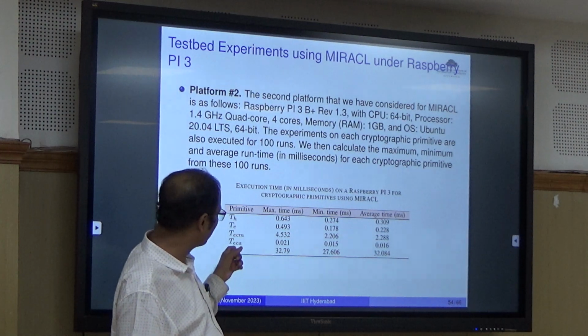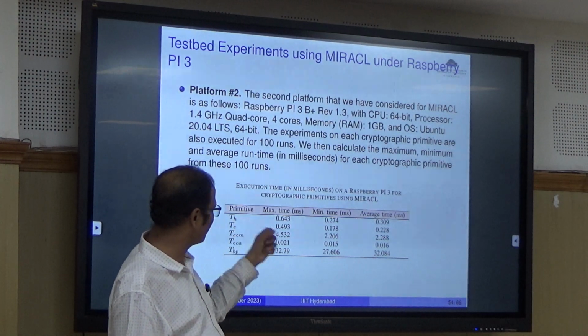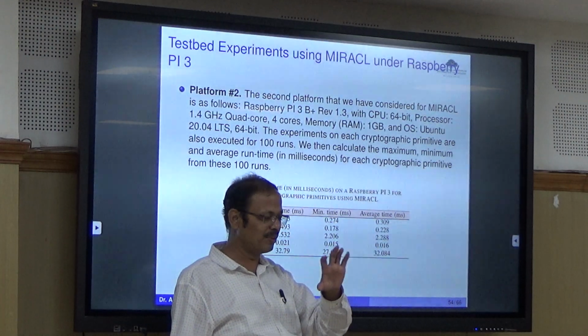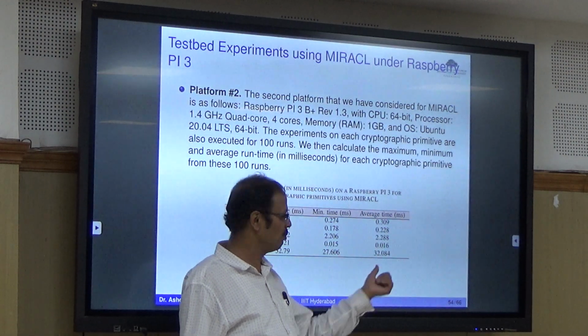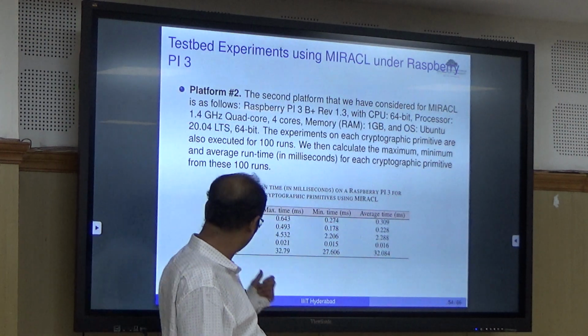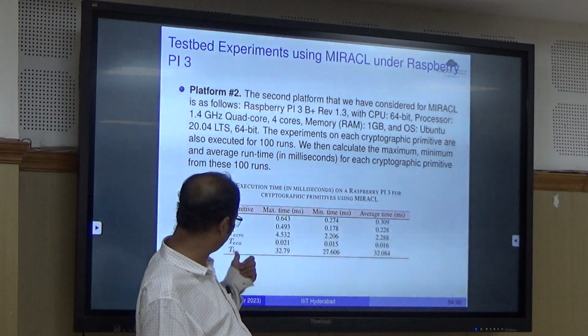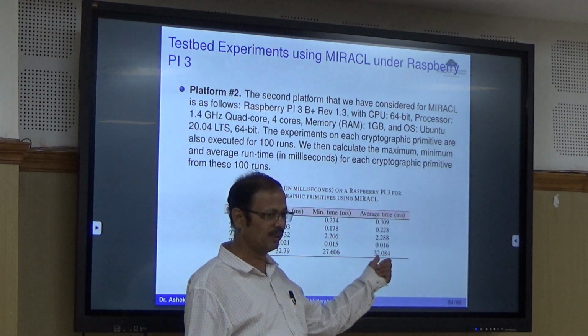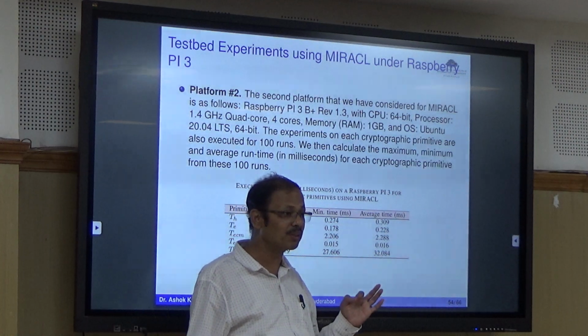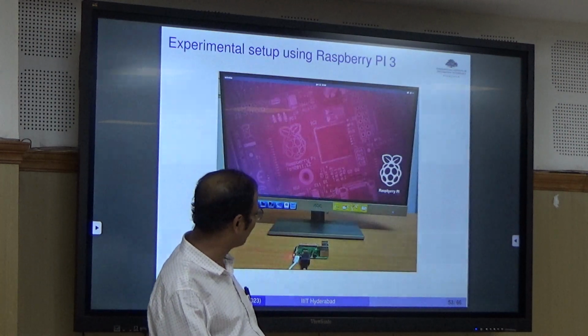Interestingly, even the hash function takes more time here, because the Raspberry Pi does not have as many resources as our server platform. And most importantly, the bilinear pairing requires more time here, 32.0484 milliseconds, as compared to the server setting.